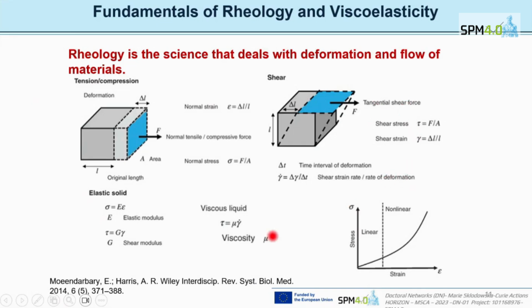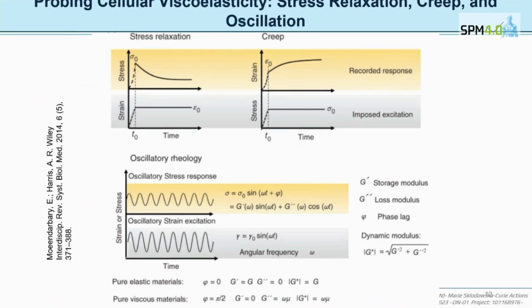But in general, we get two components, viscosity and elasticity, describing viscous and elastic properties. For biological materials, for low strains, the relation between stress and strain is linear. However, if we increase the stress, if we increase the time, this behavior is non-linear.